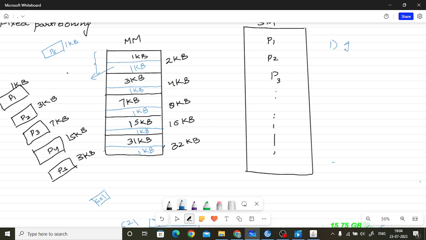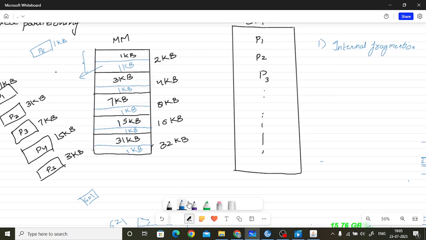By using fixed partitioning, we face internal fragmentation. And what is internal fragmentation? I've just told you that we have 1 KB of available space in this block, but we can't accommodate another process of the same size into that.